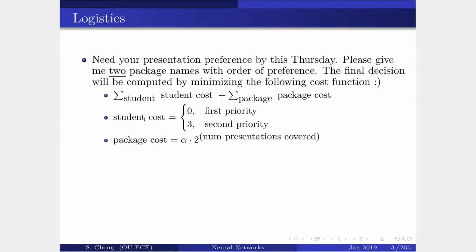First things first, I want to remind you that I need your presentation preference for the packages you'd like to present. Last year I asked all of you to give 3 different packages, with your own priority, but this time I'll just ask you to give me 2.